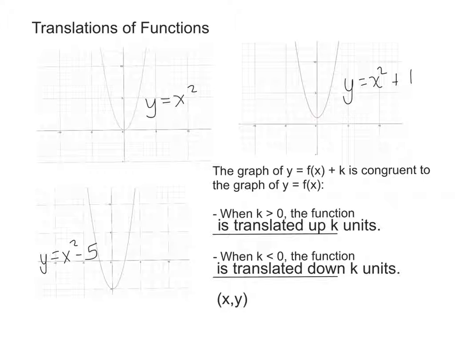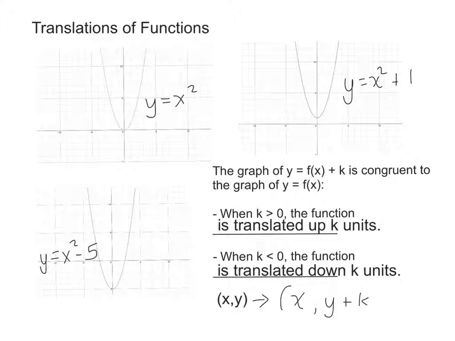There's also a mapping rule, x, y maps to... we need to say how do the x values change when you add a k value, and how do the y values change? X stays the same, so it's just x, but the y value, you add k to it. So it's x and y plus k. Sometimes k is negative, so you're really subtracting, right, when you're adding a negative number. But the mapping rule is x and y plus k.